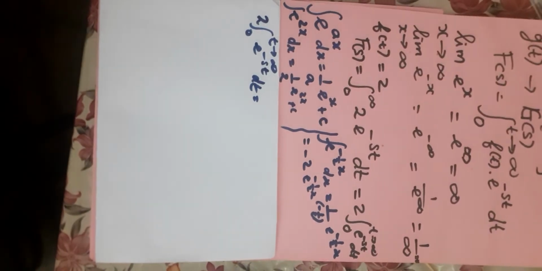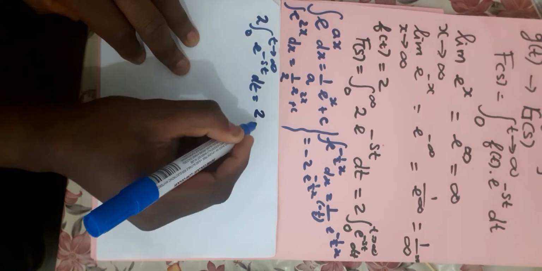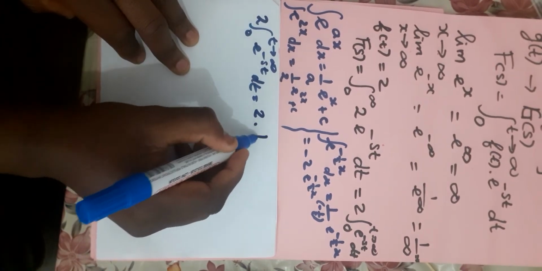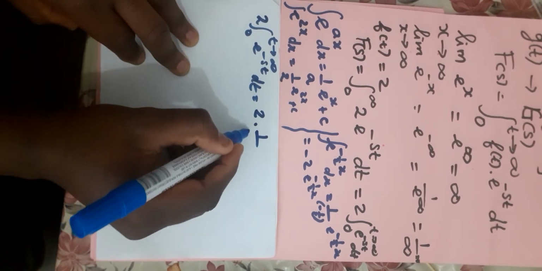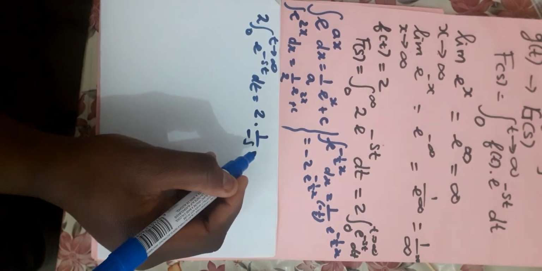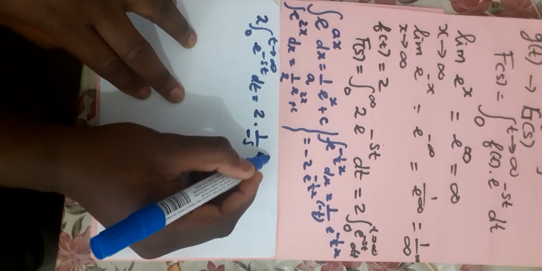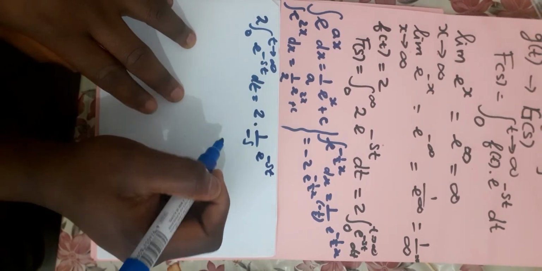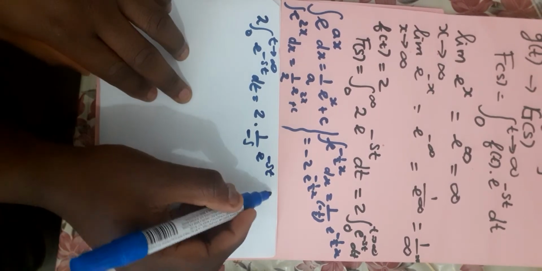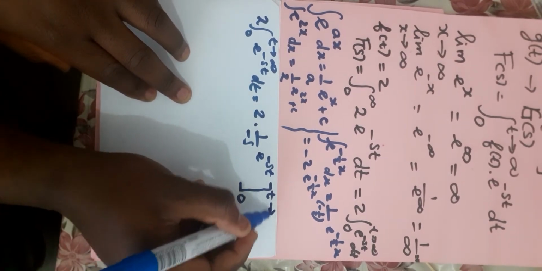So in our case, we have something like this. It's going to give you what? This 2 is right there, multiplied by 1 divided by that term, which is minus s, and then we multiply by e to the power minus st plus c. But here we have the limit, so we're going to put 0 and t tending to infinity.